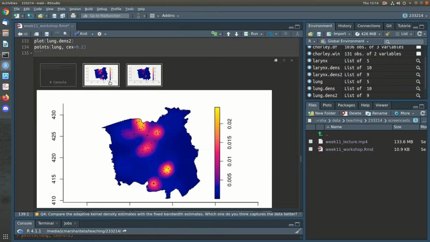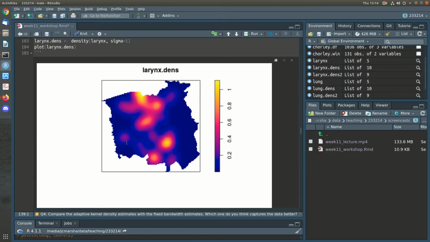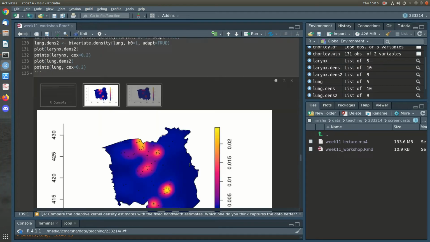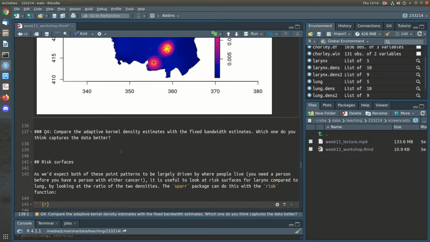So if you look at this one and compare it to this one up here, you can see we've got this undersmoothing out here, which is gone in this picture here. Okay, so the adaptive estimate seems to be better, particularly with the larynx data.